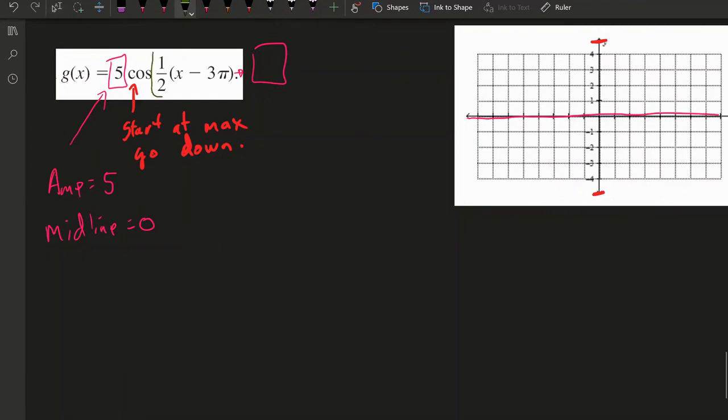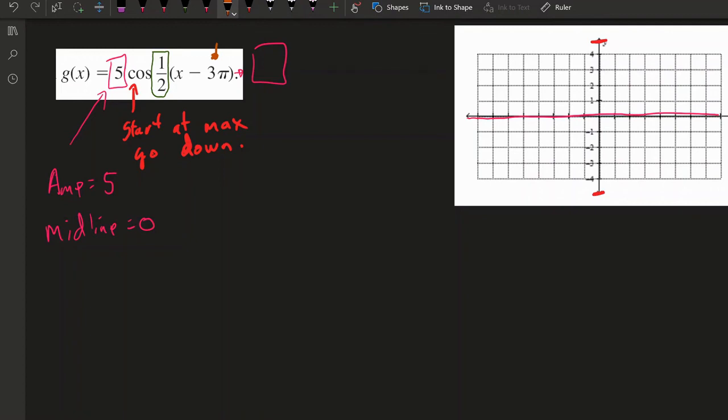So my b value right here is 1/2. And what I notice over here is that I am going to have a horizontal shift that uses pi, so I should use radians for this one. That way I can keep the degrees and the pi's agreeing with each other.